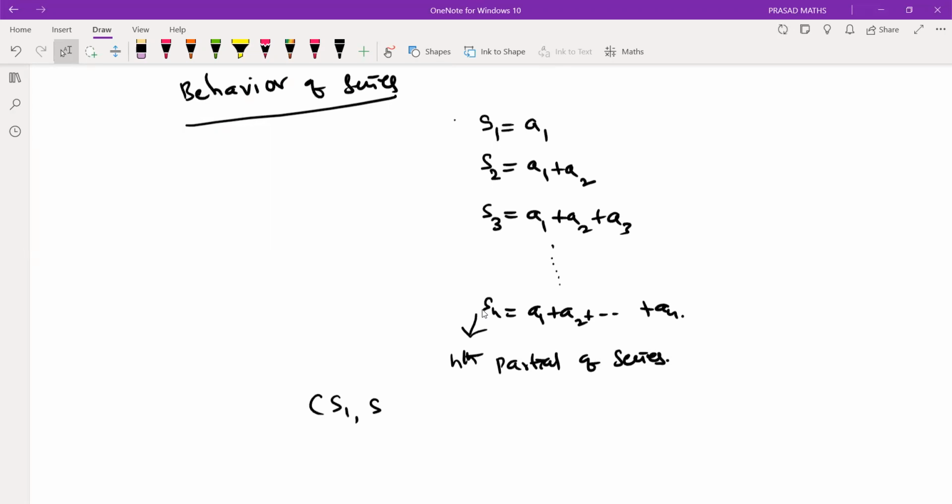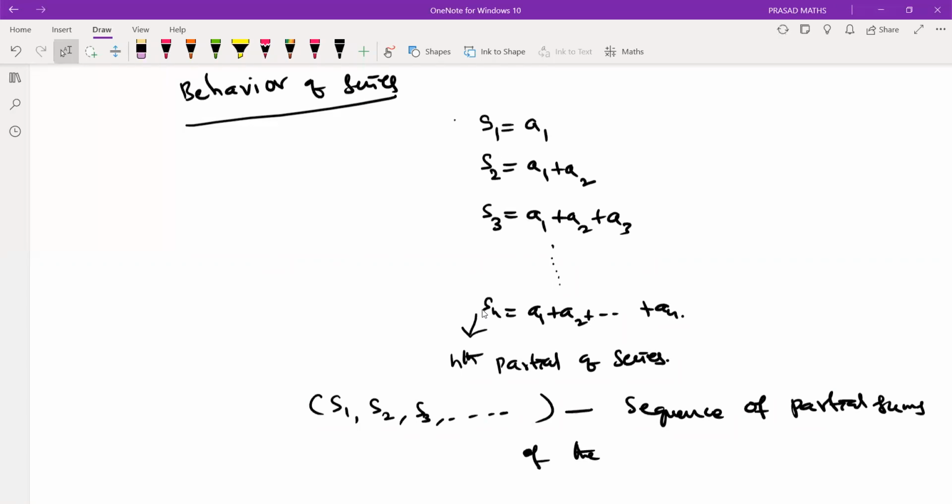This is my S1, this is my S2, this is my S3. What is this? This is the sequence of partial sums of the series. No need to mention n equals 1 to infinity. That's general an. This is what actually the sequence of the partial sums of the series is.